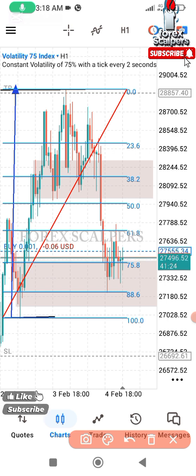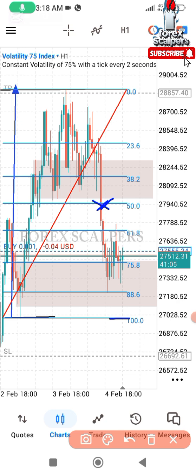I will be buying, because this is an uptrend, when I get a point of interest that exists between my 50 level of the Fibonacci to 100 level. So if I look at my range, the only valid one that I have there is my fair value gap and my order block.